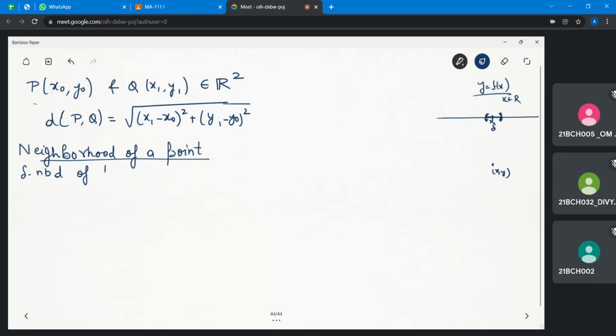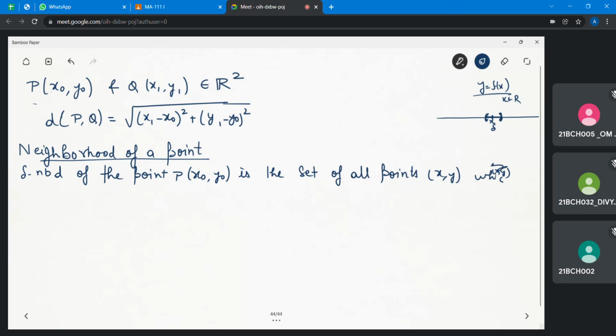The delta neighborhood of the point P(x naught, y naught) is the set of all points (x, y) which lie inside the circle of radius delta with center (x naught, y naught).